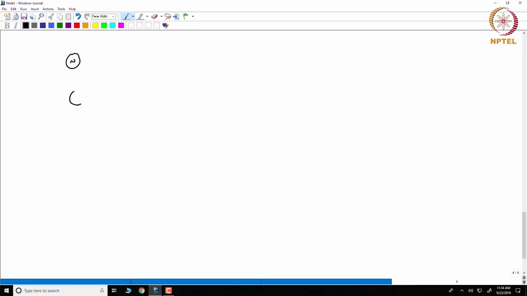If I just show only those elements through which there is a non-zero current, in the second subinterval, valve 6 is not conducting.